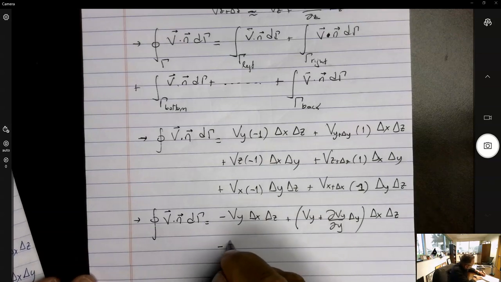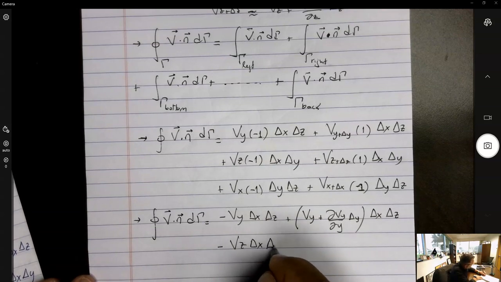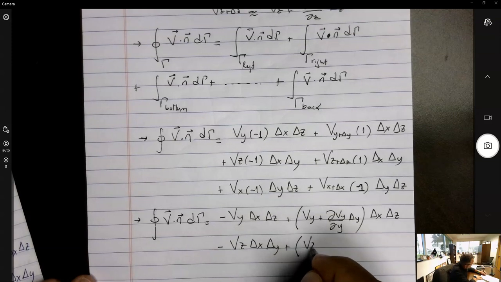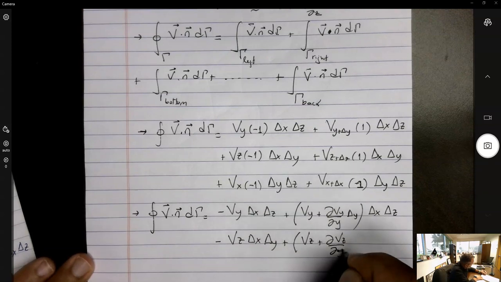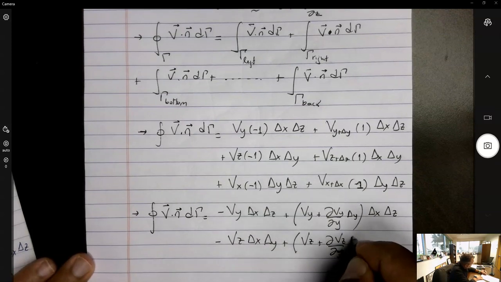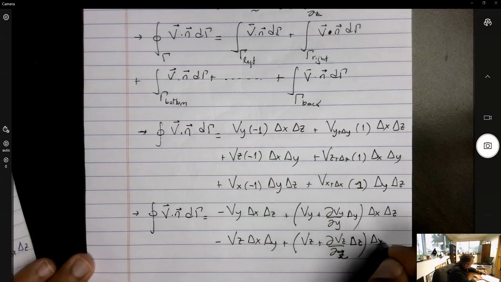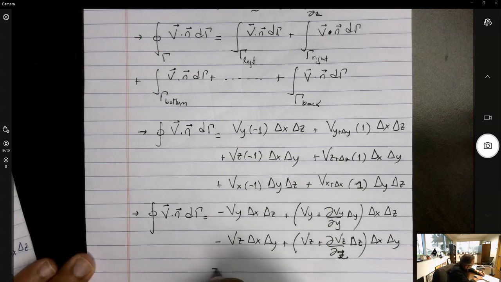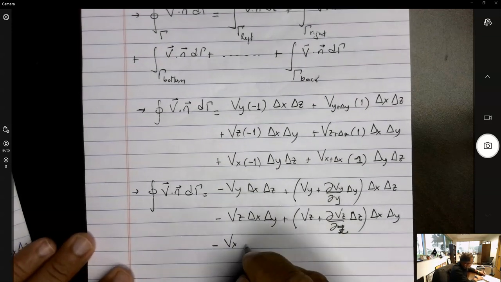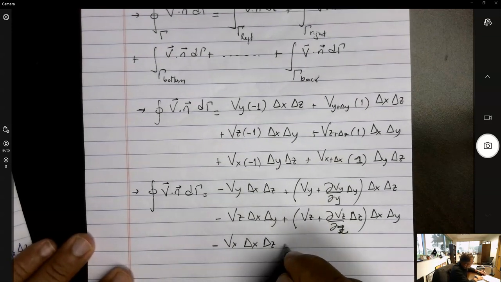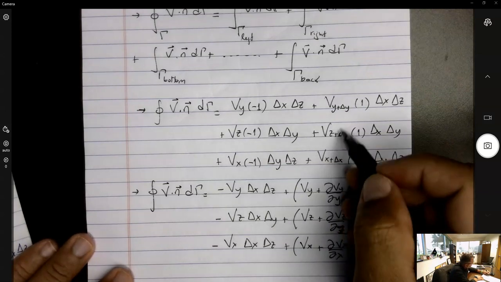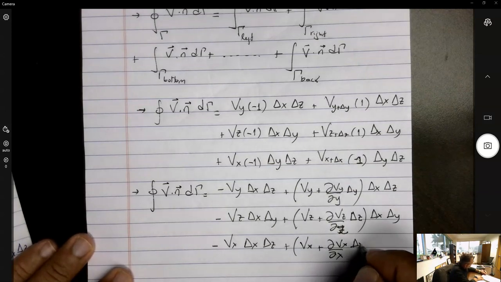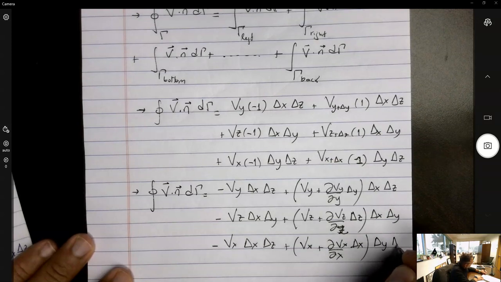So I'm going to continue here, minus Vz delta x delta y plus Vz plus dVz/dz times delta z, delta x delta y, minus Vx delta y delta z plus Vx plus dVx/dx times delta x, delta y delta z, the Taylor series expansion of these components right here.